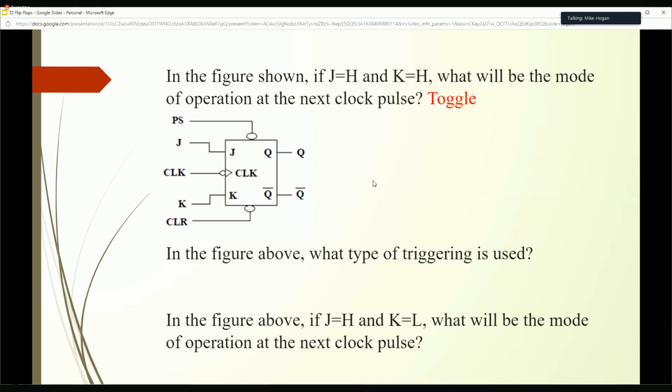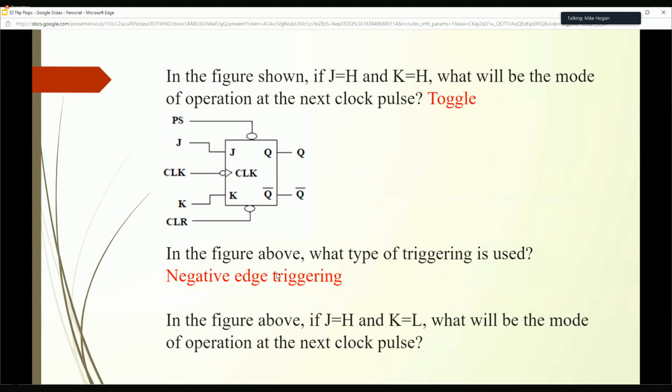Knowing what we know about that bubble, what could that mean? First, let me ask you like this: is it level triggered or edge triggered? Edge triggered. All right, so edge triggered.